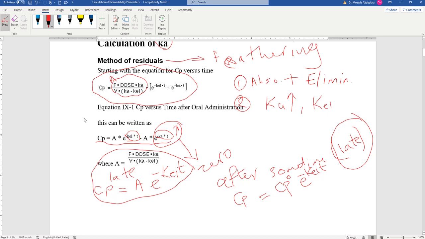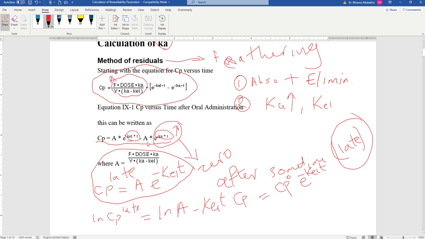Look, if we take the ln of both sides, we get ln Cp late is equal to ln A minus KEL t. So if I put my data on semilog paper, for example, let's say Judy is doing an experiment where she gave a medication to a patient or a subject, and she started collecting blood samples and analyzing the concentration in the blood samples with time.